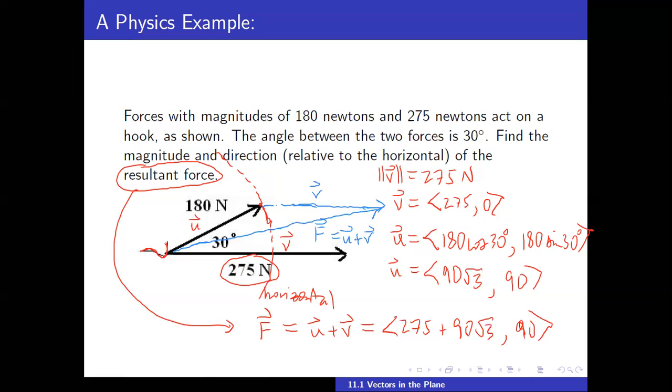Okay? But I want the magnitude and direction of the resultant force. I have the resultant force as a vector, but how could I get the magnitude and direction? What would I have to do? They're asking me for the magnitude and direction. What do you guys think?